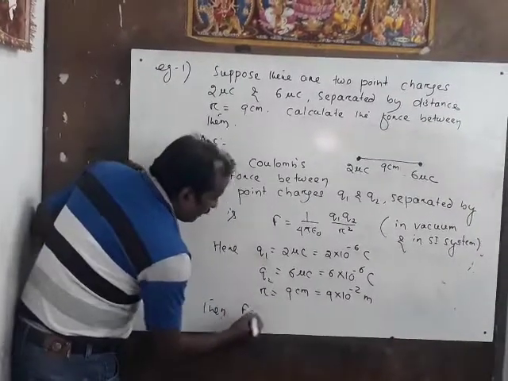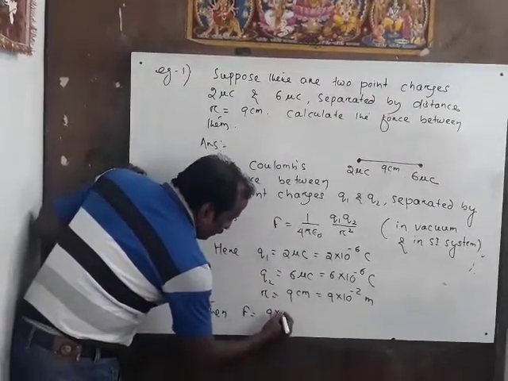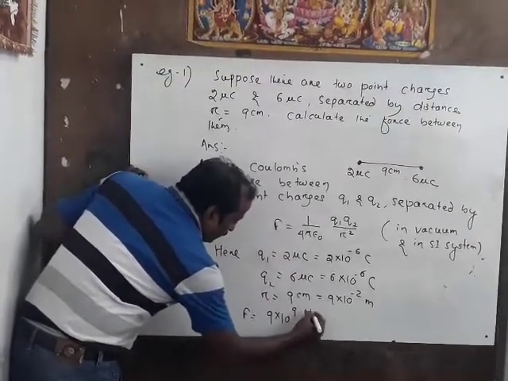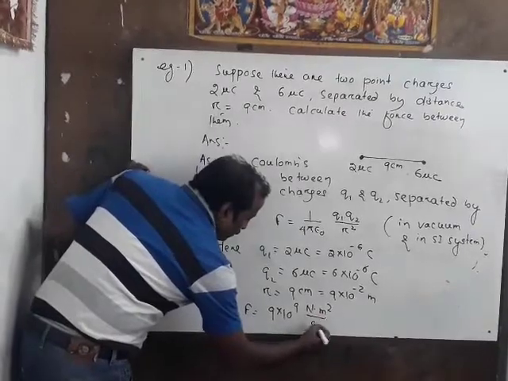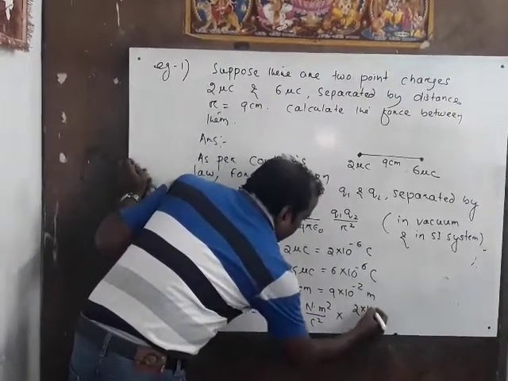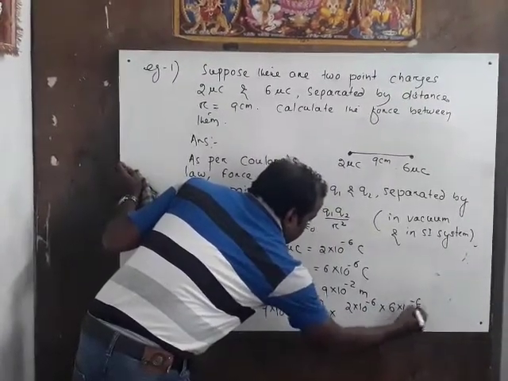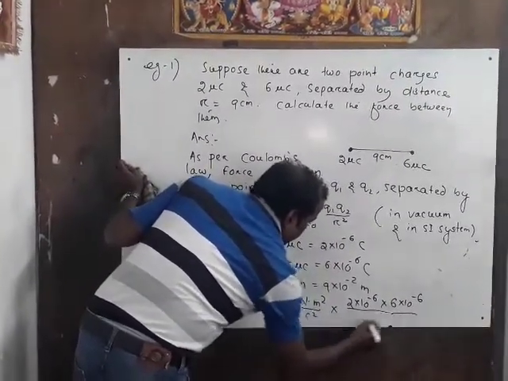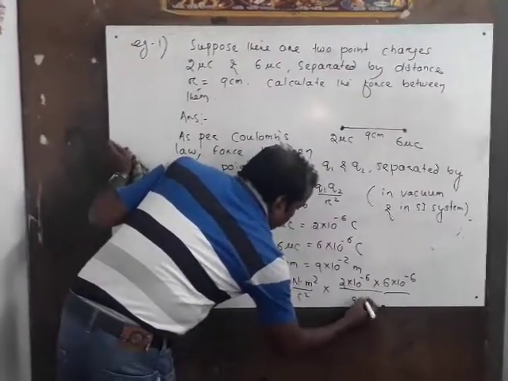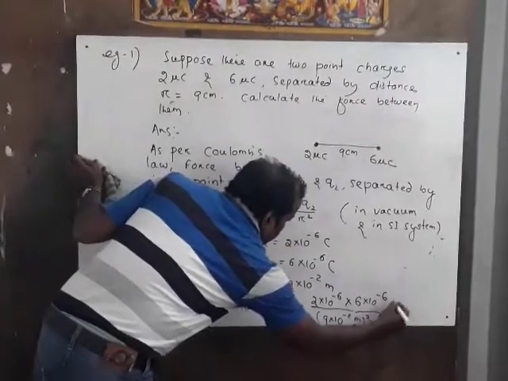Then F equal to 1 by 4 pi epsilon 0. That's 9 into 10 to the 9 Newton meter square by Coulomb square into 2 into 10 to the minus 6 into 6 into 10 to the minus 6 by 9 into 10 to the minus 2 meter square. This is Coulomb square.